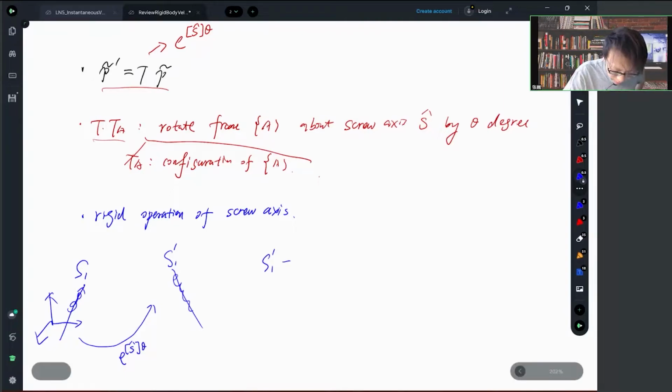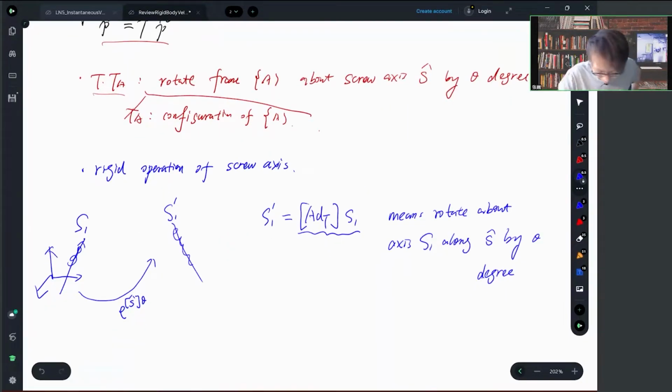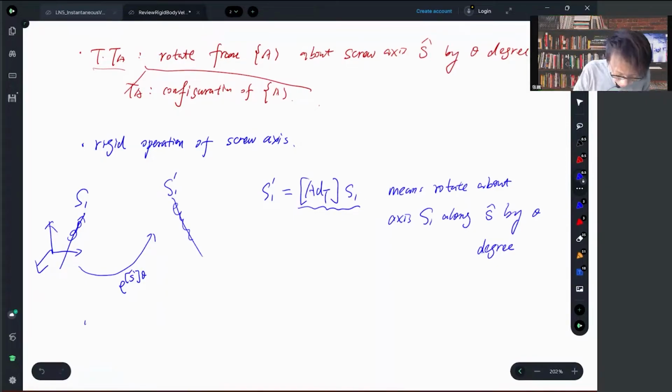S1 prime equals the adjoint of T times S1, that we derived. This means rotate about the axis S1 along screw axis S hat by theta degree. I hope that's clear now.